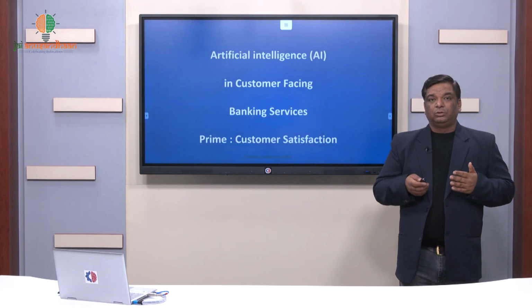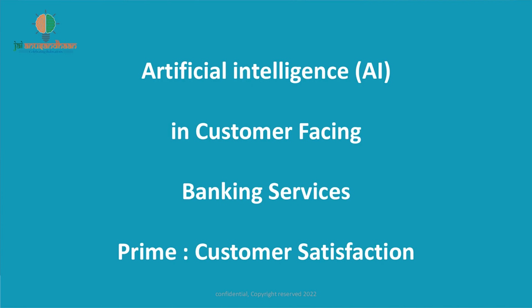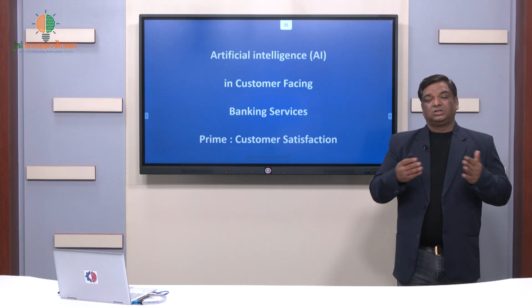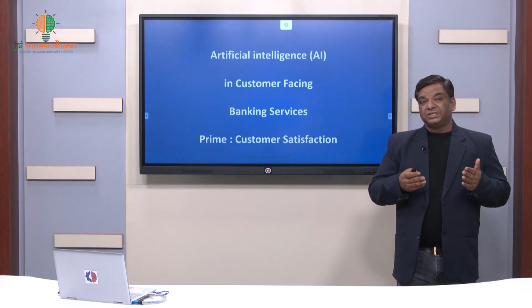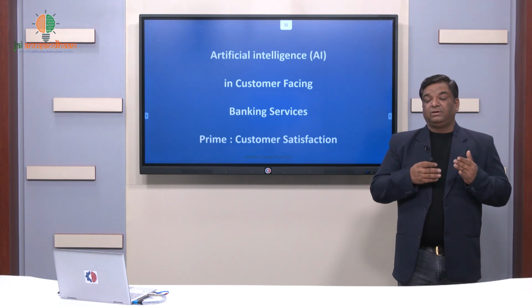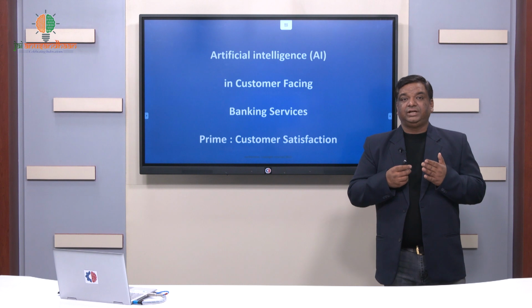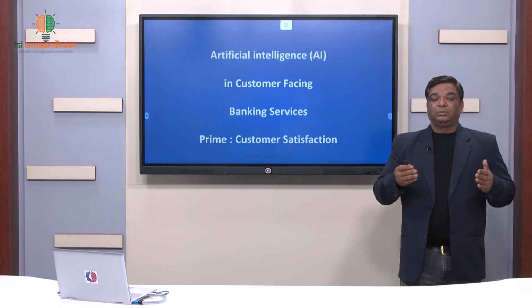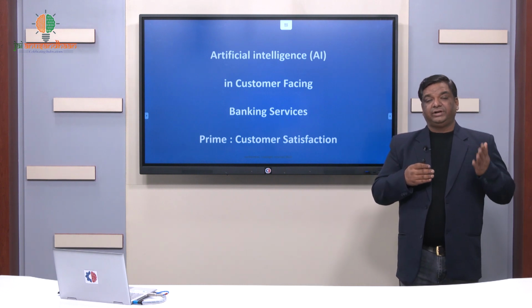Now we will talk about how AI can help with banking customer-facing services. In the bank, there are lots of services which can be serviced by AI, for example fraud detection, data migration, data saving, and fraud detection for credit cards.